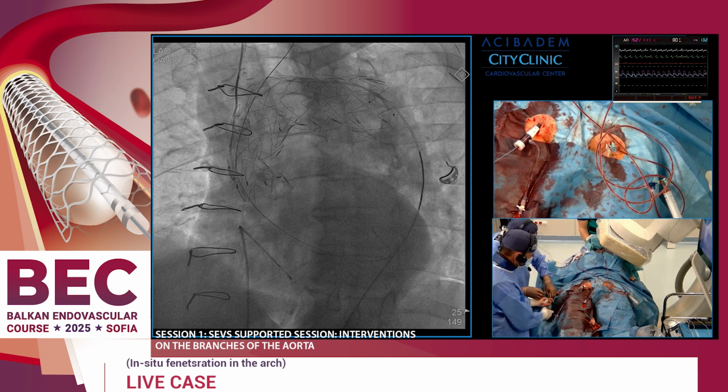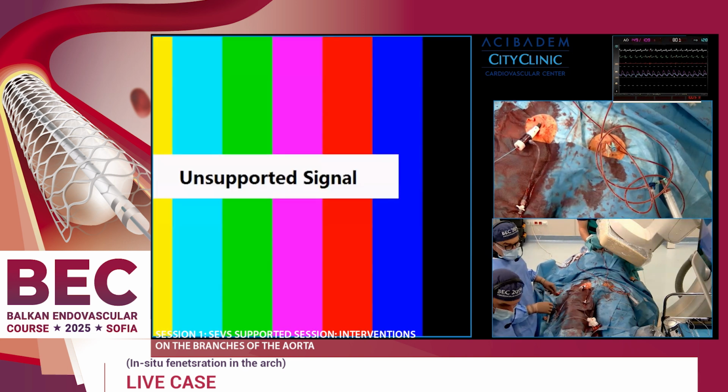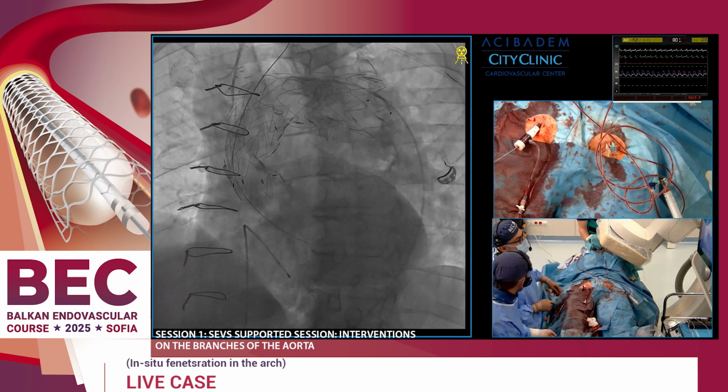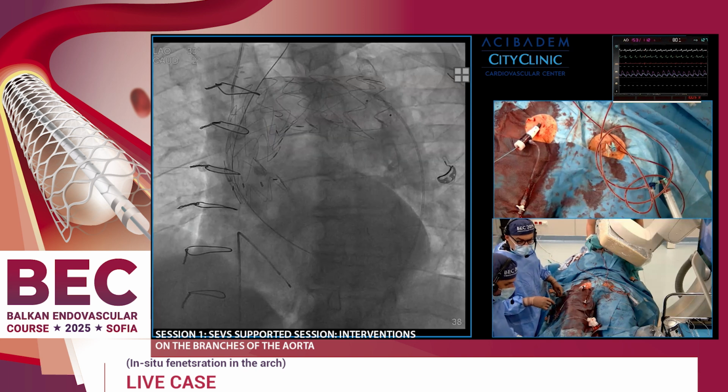Okay, good. So we can remove this pigtail here. I will remove now the gelled pigtail. You see that the pigtail is gelled behind the stent graft, and this is also a good sign, because I cannot remove it.